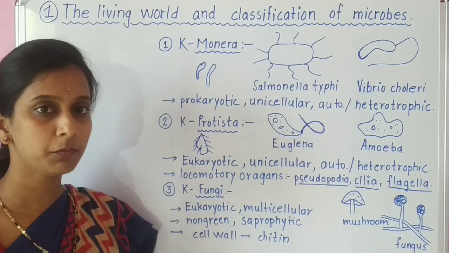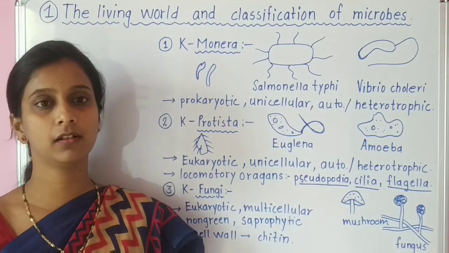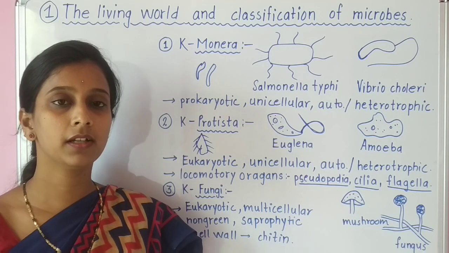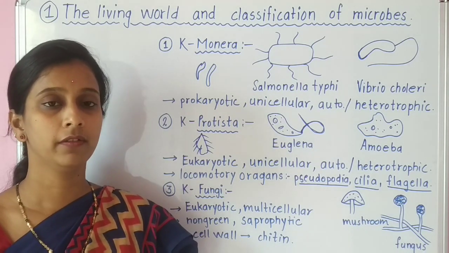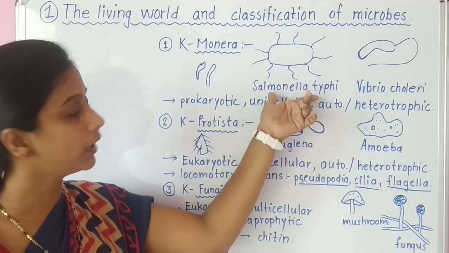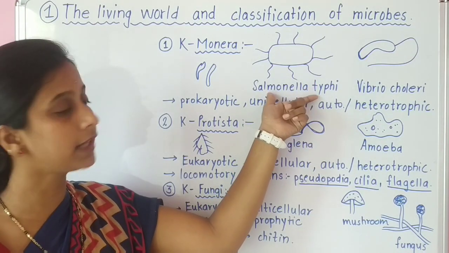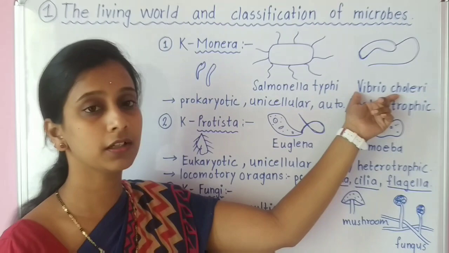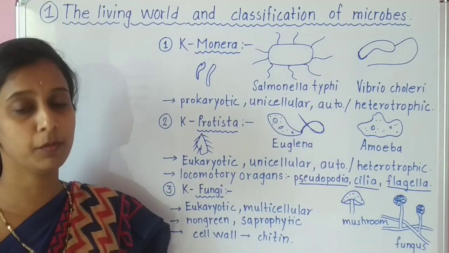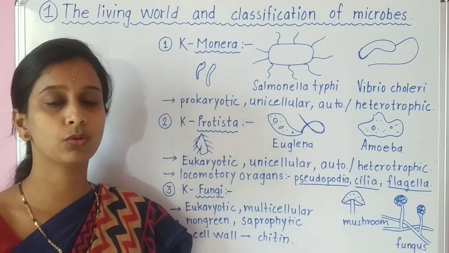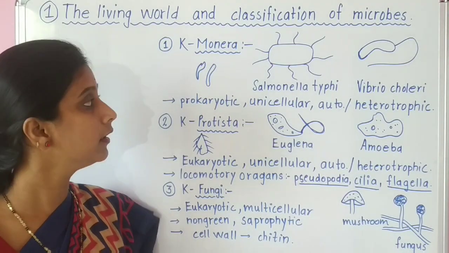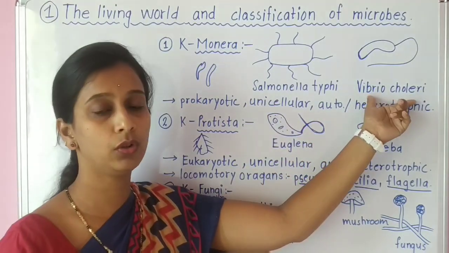This type of bacteria are essential or useful bacteria. Some bacteria are present inside our bodies. They are also useful to us. But here, two examples are given: Salmonella typhi and Vibrio cholerae. These are harmful bacteria, responsible for diseases like typhoid and cholera.